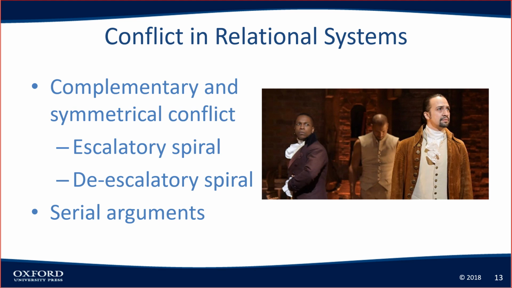In our relational system, now we're talking a little bit more about relationships. There are complementary and symmetrical conflicts that occur in our relational systems. The complementary conflict style is when partners use different but mutually reinforcing behaviors.